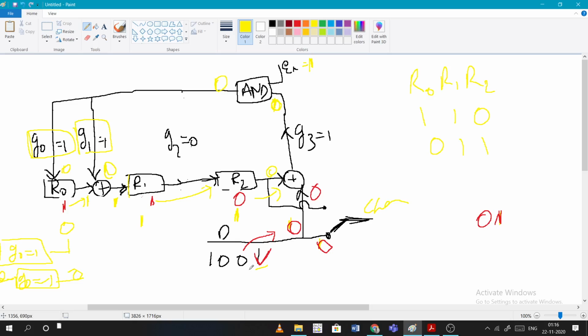Again if you send another 0, this is also completed. Now if I try to send the next bit, that is 0, the value will again be 0. Why? Because 0 will be cutting. Now what is the value of R2? 1, right? That's why now again I'll rub it.